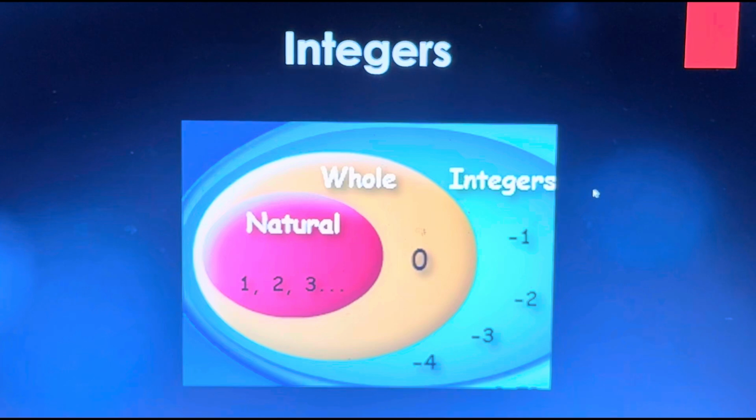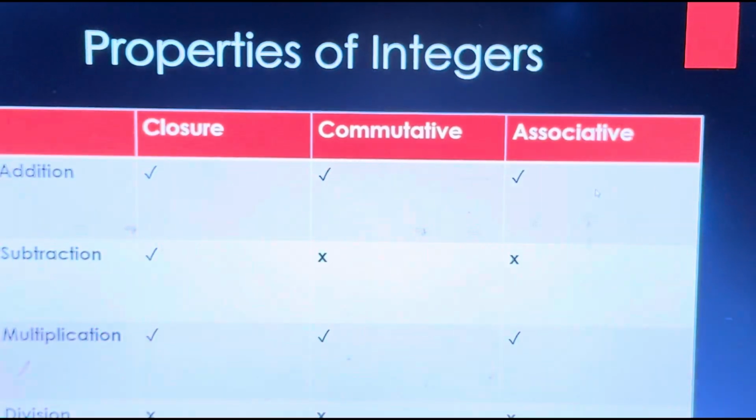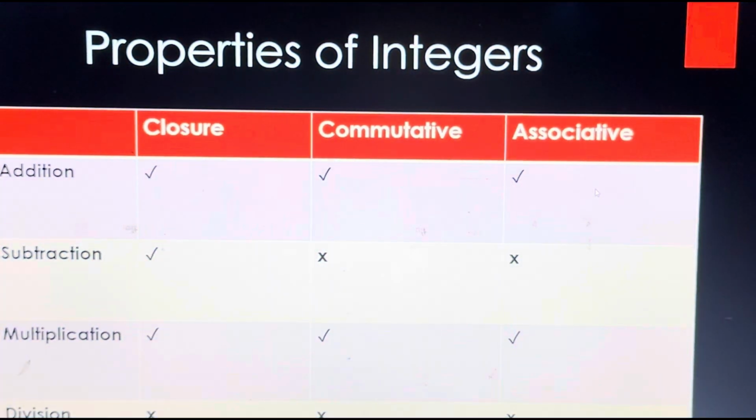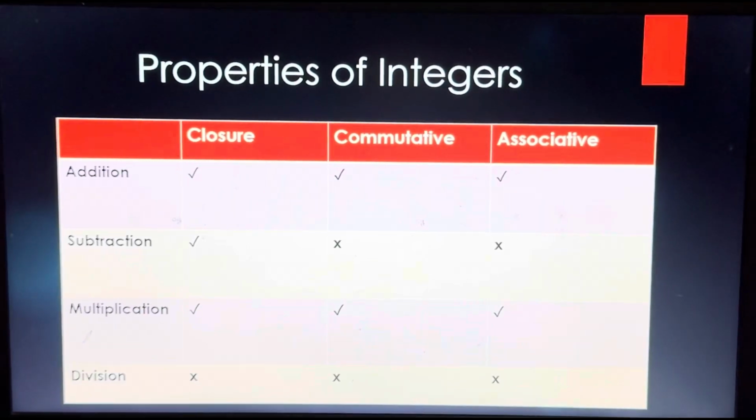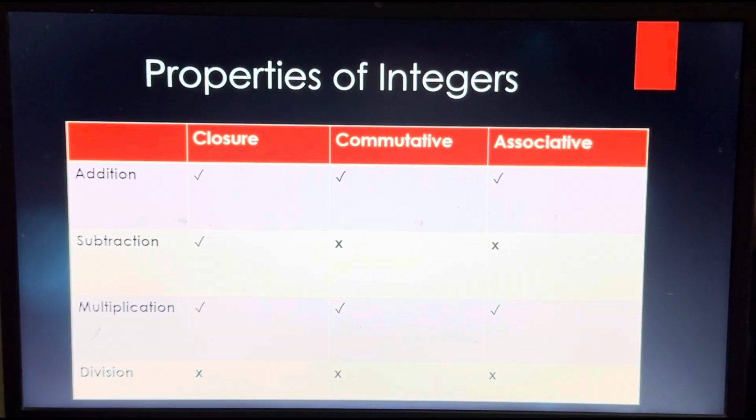Okay. So let us understand some properties of integers. Earlier we have understood some properties of whole numbers. So the same properties we will see whether they are followed in integers or not. So if we see the closure property, what you need to remember here, we have two good children, that is addition and multiplication.